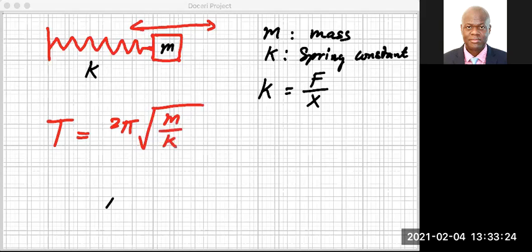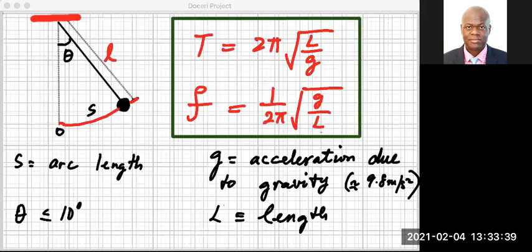So again, the period of a simple spring mass system depends on the mass and the spring constant, whereas the period of a pendulum depends just on the length and gravity. And since gravity is constant, it really just depends on the length, because that's the only thing that can change. So as you can see in this box, the period does not depend on mass.